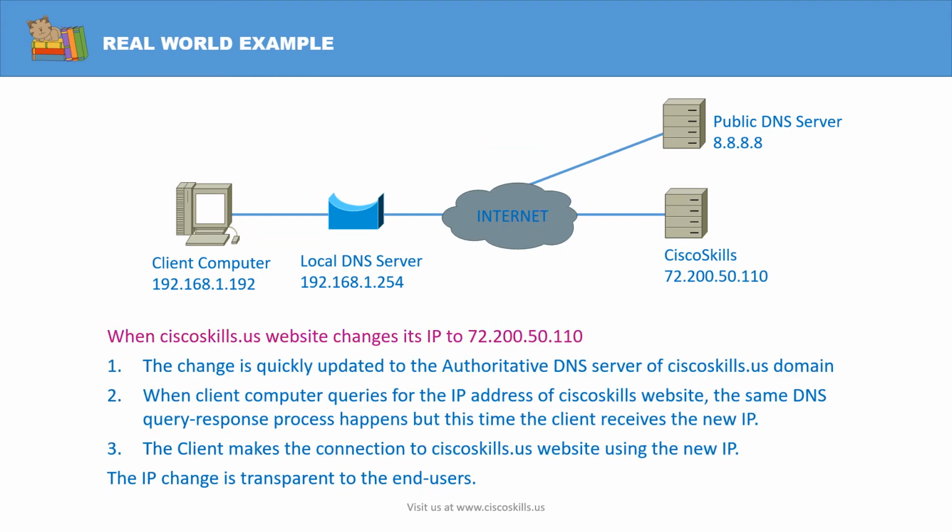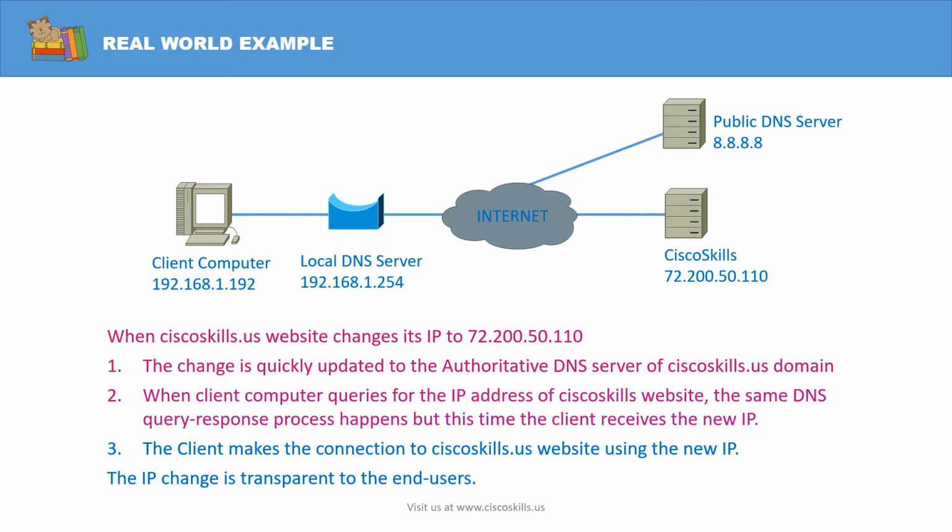When Cisco skills.us website changes its IP to 72.100.50.110, the chain is quickly updated to the authoritative DNS server of Cisco skills.us domain.